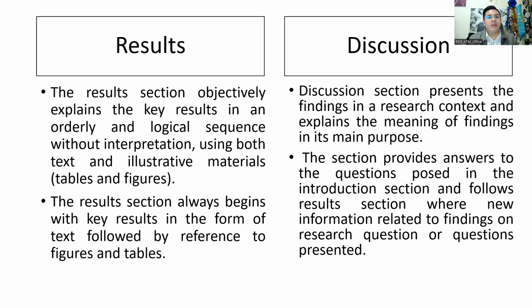On the other hand, the discussion section presents the findings in a research context and explains the meanings of findings and its main purpose. The section provides answers to the questions posed in the introduction section and follows the results section, where new information related to findings on research questions is presented.